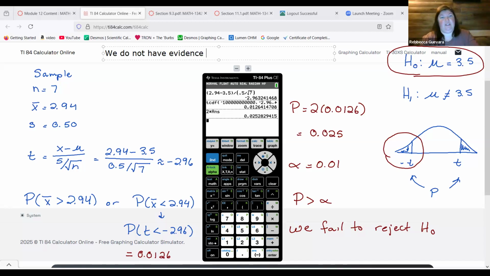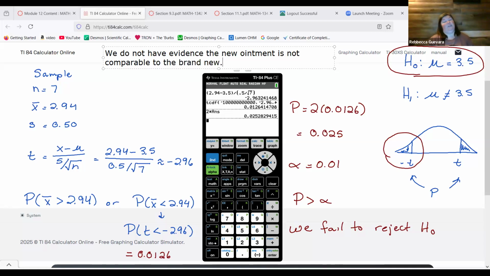So we do not have evidence that the new ointment is not comparable to the brand name. So what we ended up saying is that it looks like it passed the test.